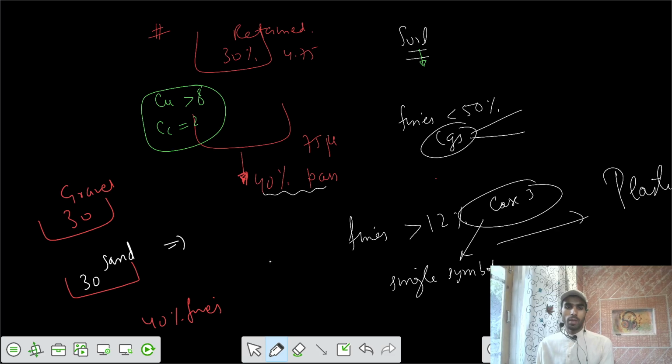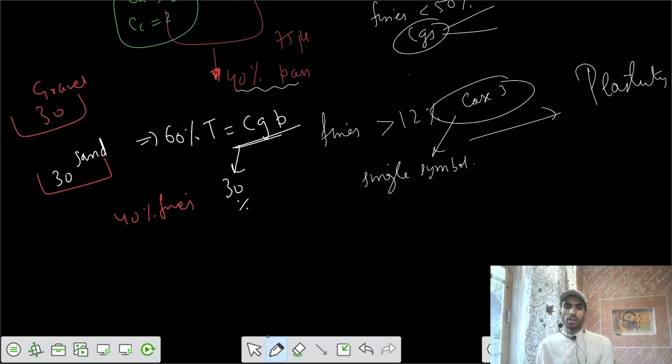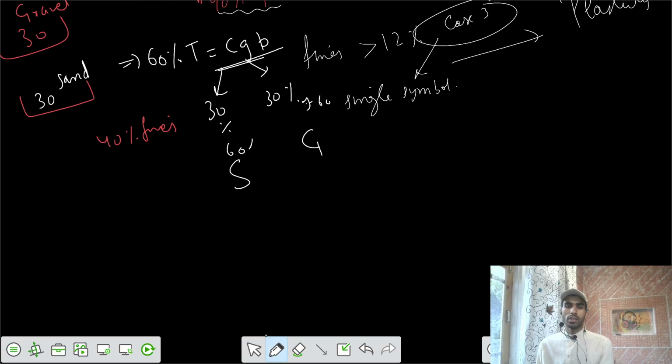So if there was total 60% of the soil as CGP, coarse grained particles, out of that you are having 30% of the total as sand and 30% as gravel. So 50% of CGP is sand, 50% of CGP is gravel.